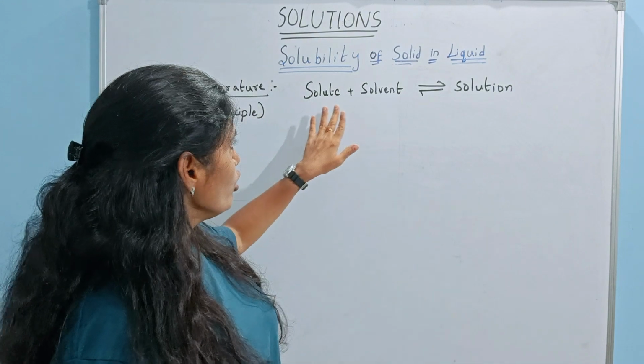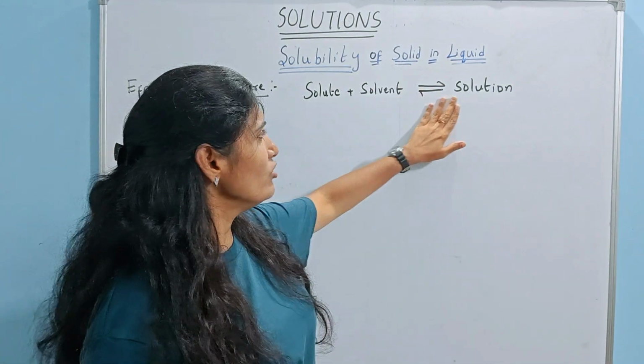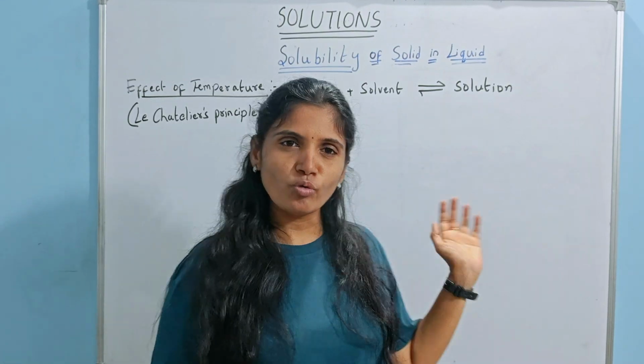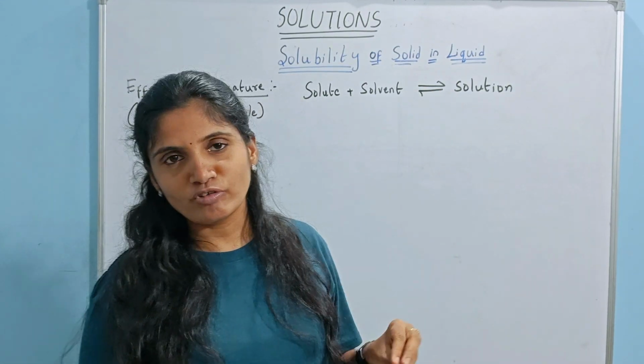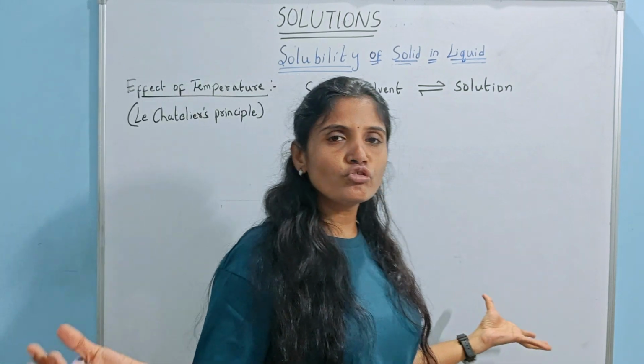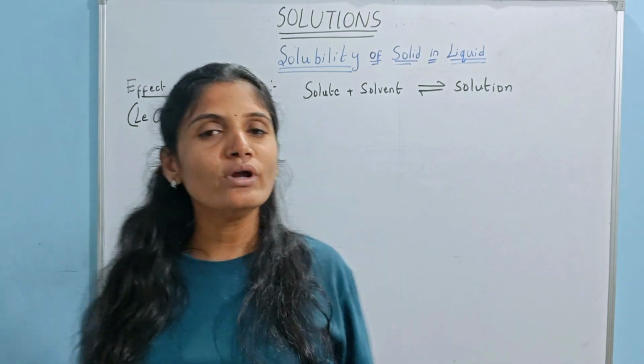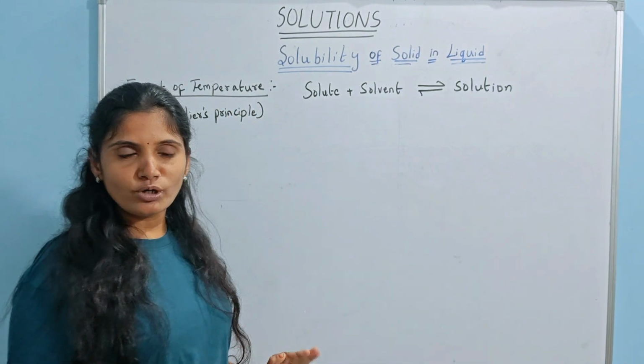Since this process of dissolution and crystallization is in dynamic equilibrium, we can very well apply Le Chatelier's principle here. I can't go into so much depth of the principle, but I can at least explain it in a way to understand this particular concept.